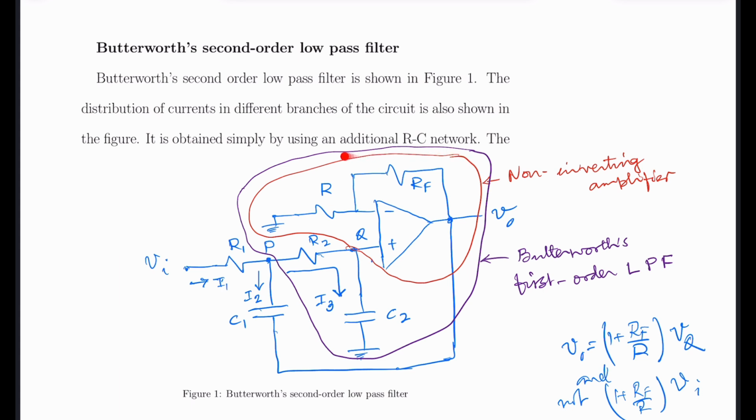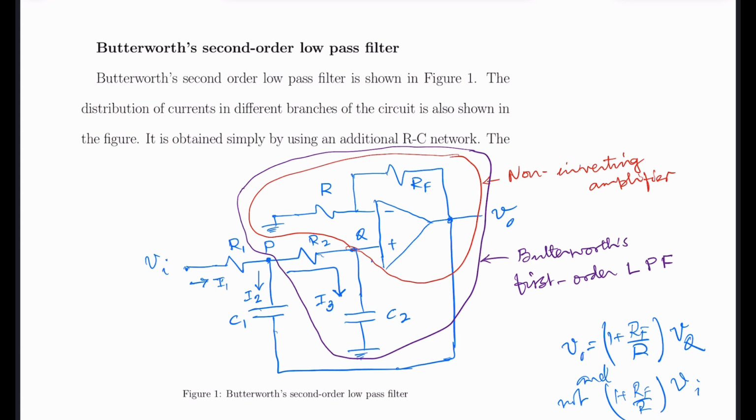This part is your non-inverting amplifier. The circuit diagram included within the purple line is your Butterworth's first order low pass filter, and we have added one more RC network. Then this becomes your Butterworth's second order low pass filter.